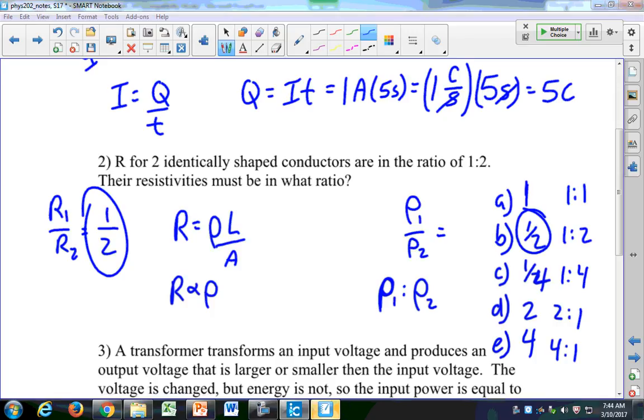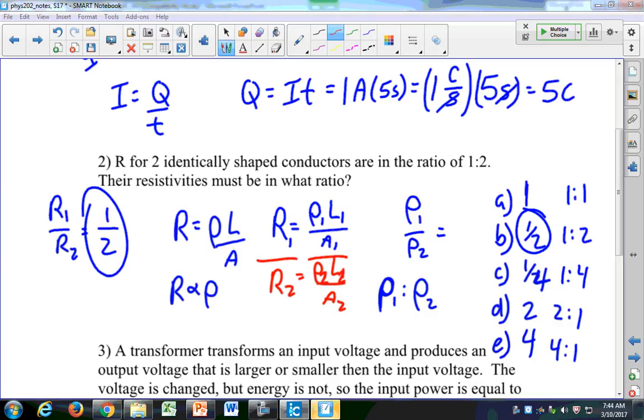If you want to think about this in a slightly different way, you could take the two equations, R1 equals rho 1 L1 over A1. R2 equals rho 2 L2 over A2. And then you can divide the two equations, and that would give you R1 to R2.